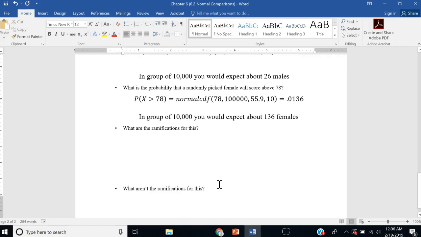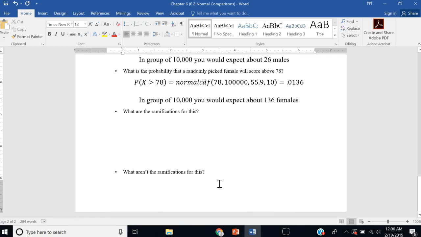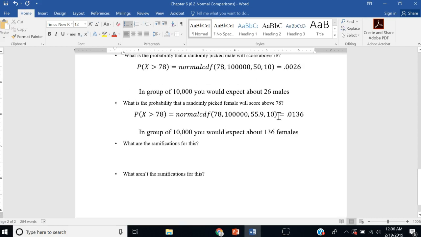Okay. Now, again, what aren't the ramifications for this? This does not mean that if a job requires disagreeableness, that females can't do it. This does not mean that if a job requires agreeableness, that males can't do it, right? So we shouldn't oversimplify. That would be kind of, like we said in previous sections, oversimplifying this makes us look really dumb, right?